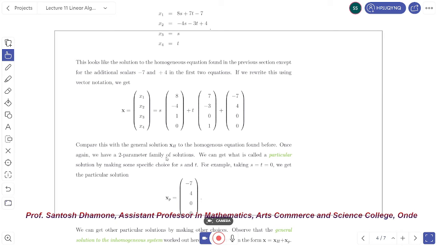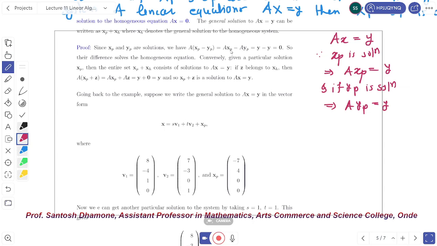Since xp is a solution, A xp is equal to y, and since yp is a solution, A yp is equal to y. Therefore, A(xp minus yp) is equal to y minus y, equal to 0. So their difference solves the homogeneous equation.